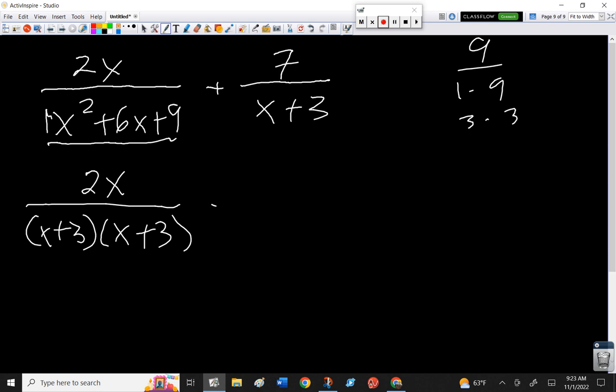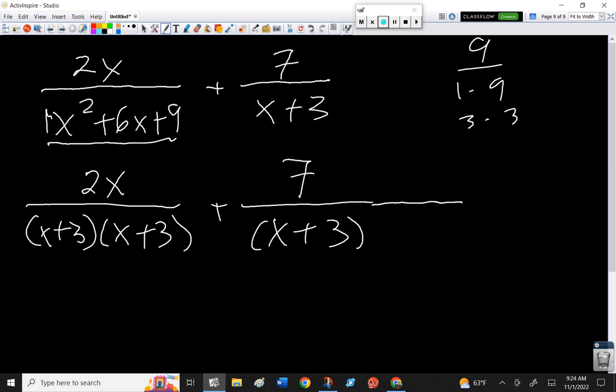It turns out, ladies and gentlemen, that they don't have a common denominator, but the denominators are very similar. All this denominator needs on the right-hand side is another x plus 3.